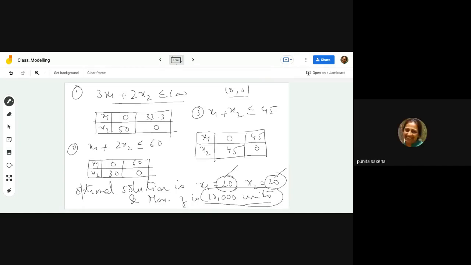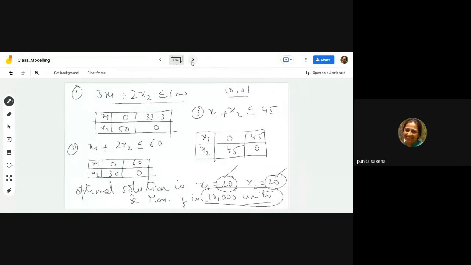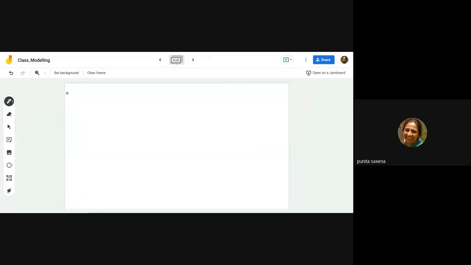But sometimes what happens is, now this is one way, where we can just identify the coordinates of the extreme points and then compute z. There is another way, which is the method of plotting the level curves. Just see, for example, question number 4.